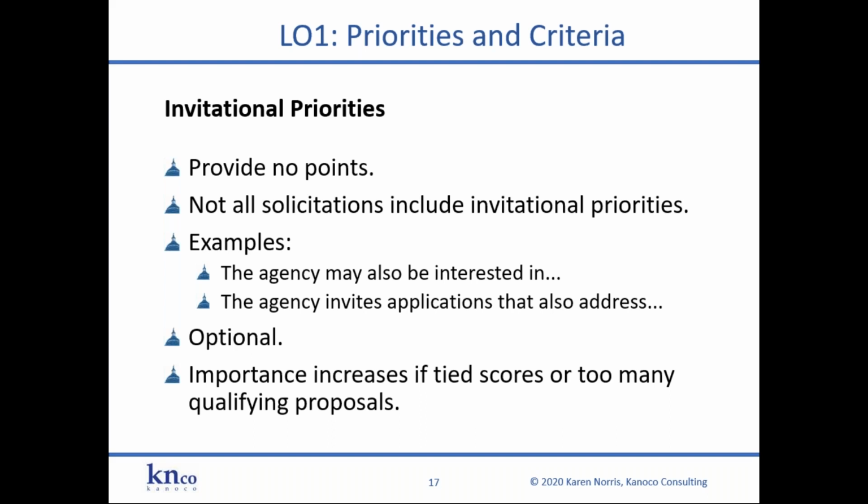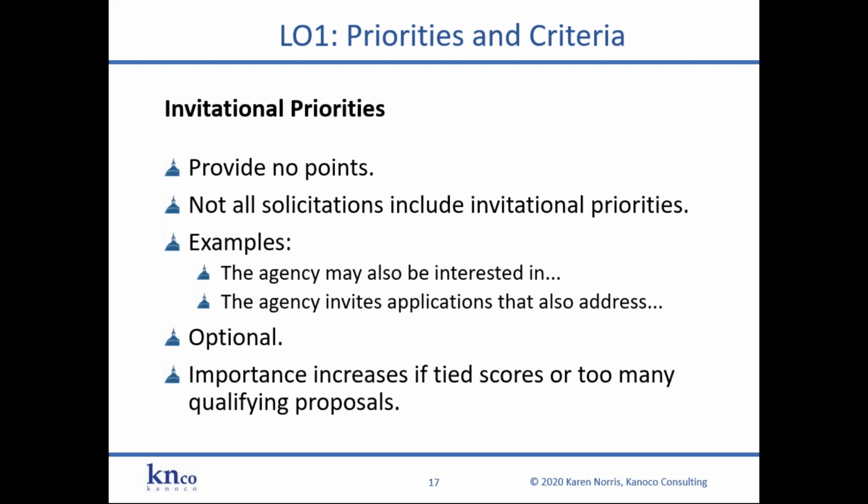They're optional. They have no point values, but they become important if there are tied scores, or there are too many proposals that score high enough to be funded, and then the funding agency has to make some kind of decision: which ones of the qualified applicants am I going to give the awards to?